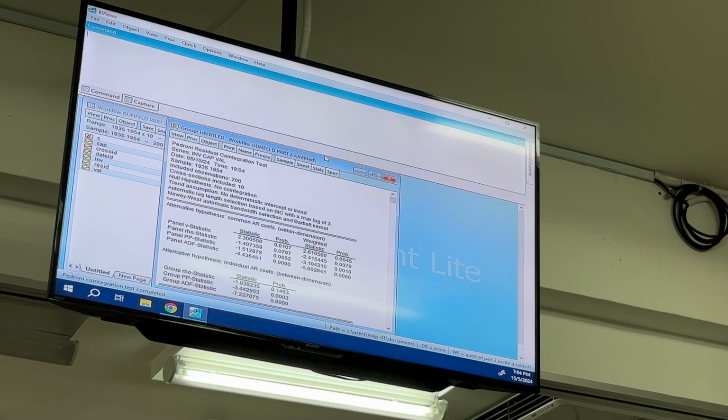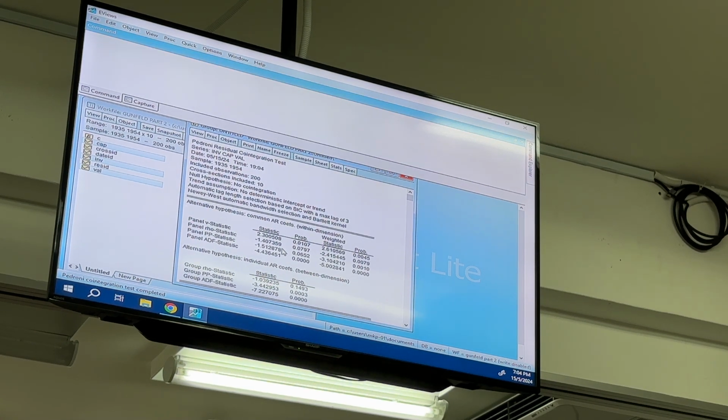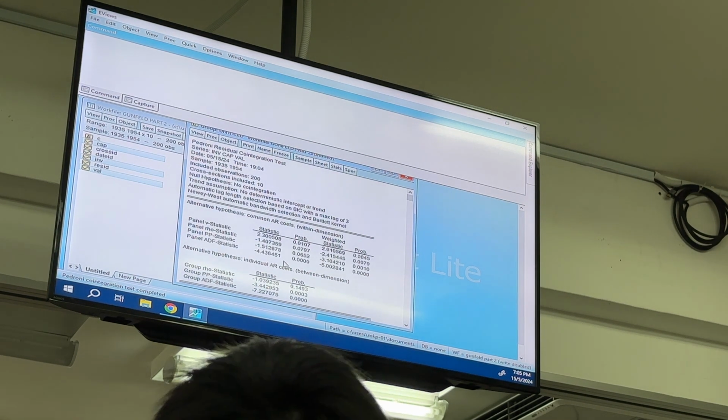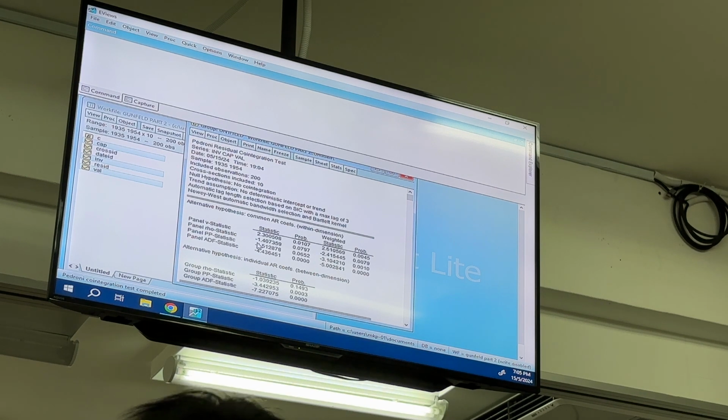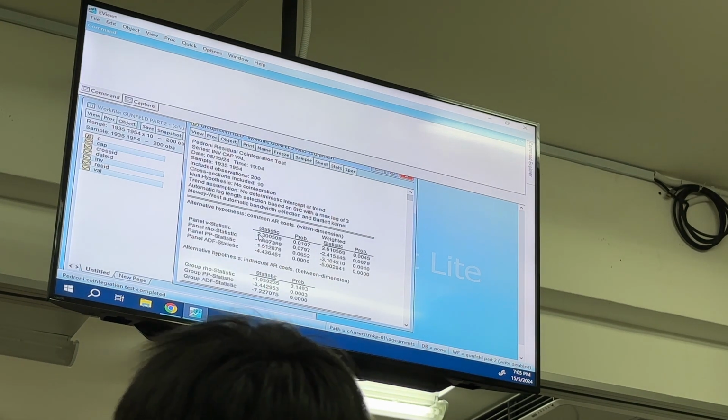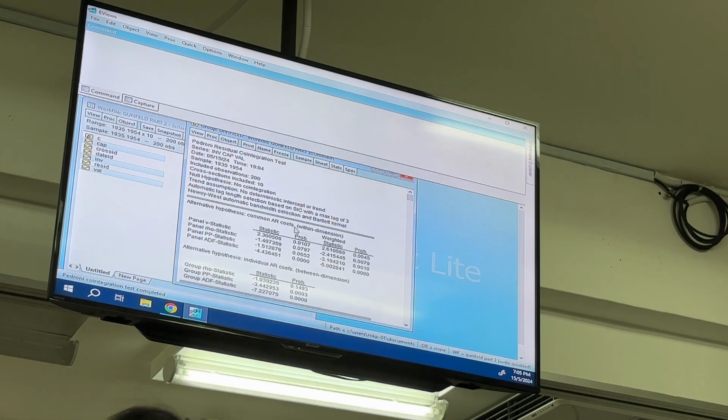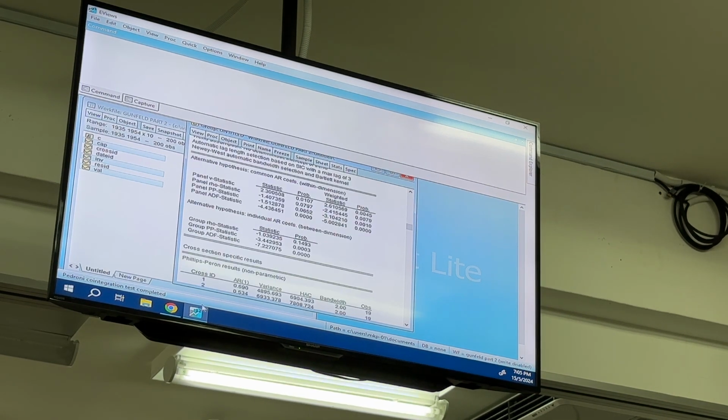Once you click on OK, this 11 statistic will pop up. So the panel statistic is under the alternative hypothesis, homogeneous, where the rho for the alternative is less than 1. Out of these 8, how many are significant? You can refer to the p-value here, right?